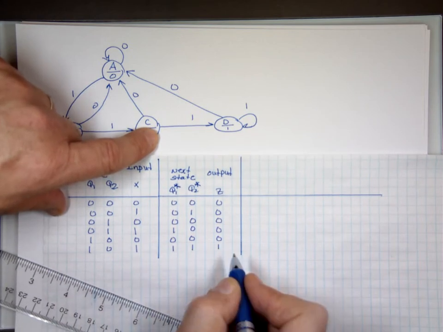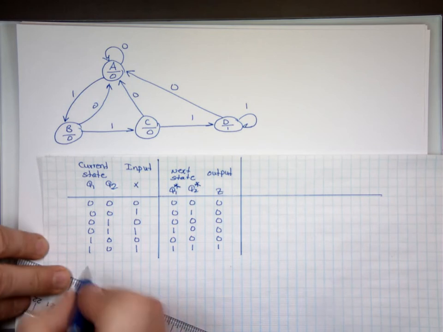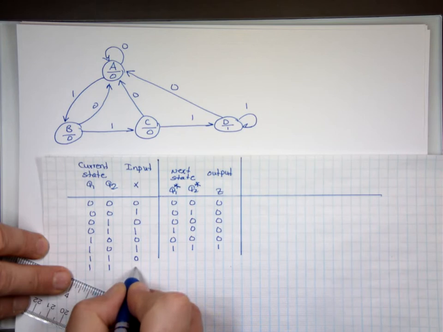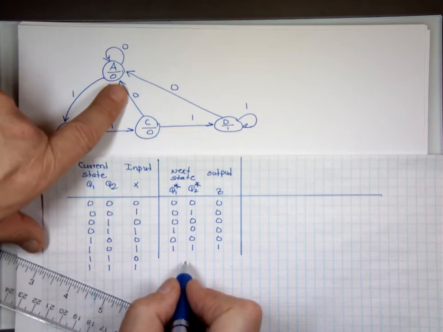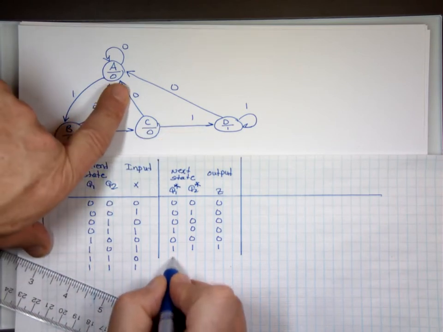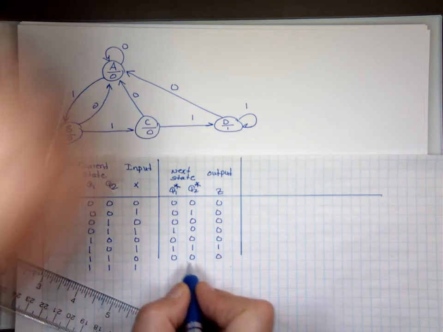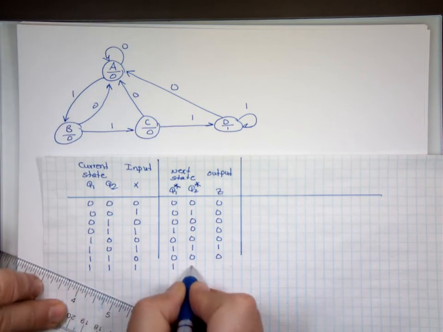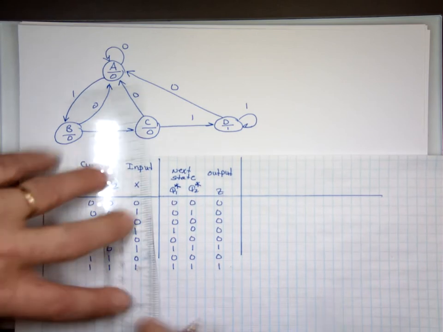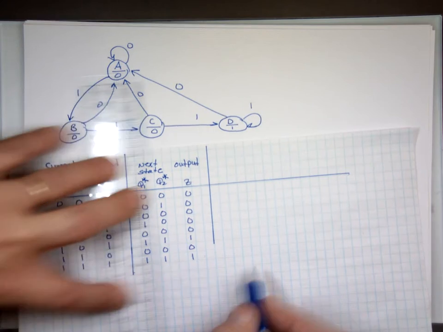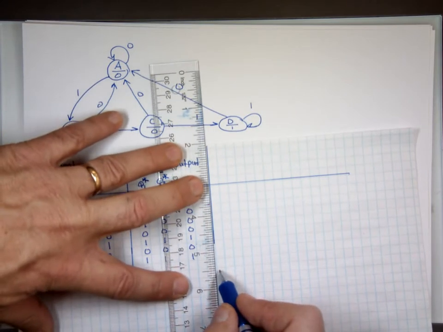And if I am at state D and I put a 0, I go to state 0, 0, my output is 0. But if I put a 1, I stay there, and my output is 1. So that's my state table.